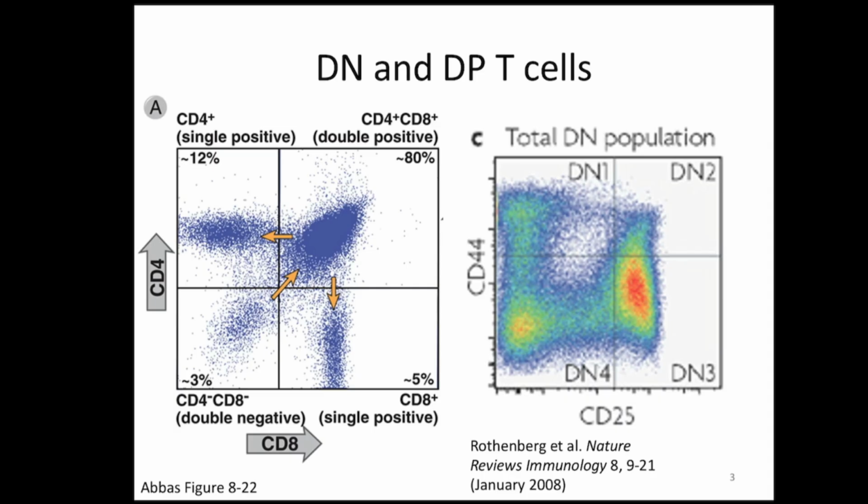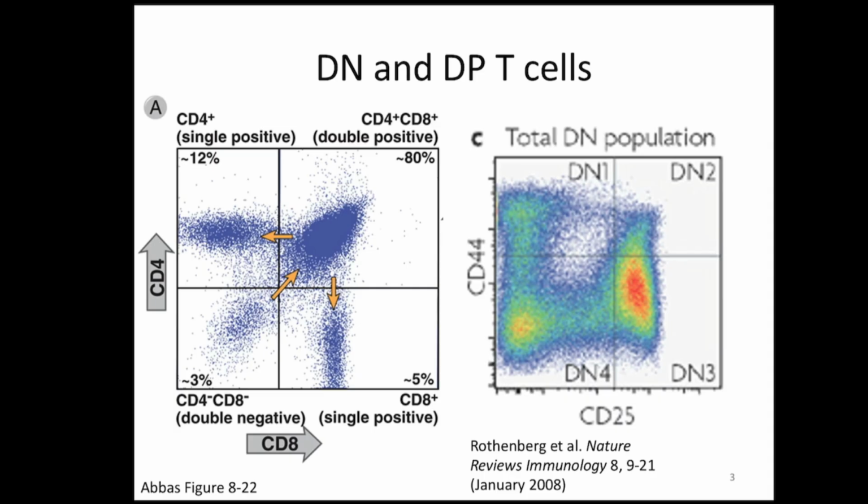If you look at the percentages of cells in each quadrant, you will see that the lowest percentage is the double negative cells, which are shown here as 3%. And so if you were going to draw this plot for me, one of the things that I would be looking for is that the double negative population would be the smallest.